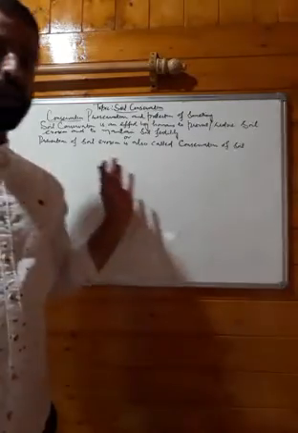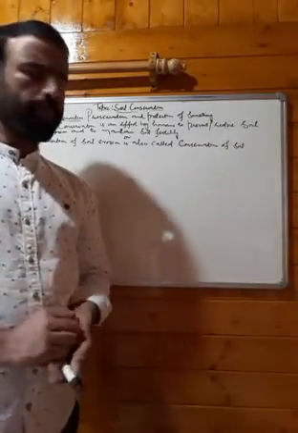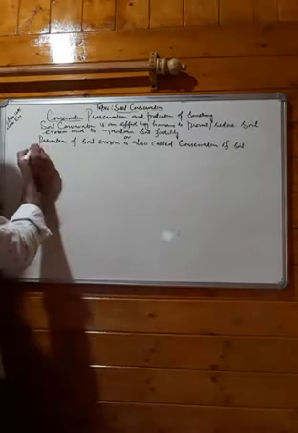Soil erosion can be prevented in the following ways. Number first is afforestation.